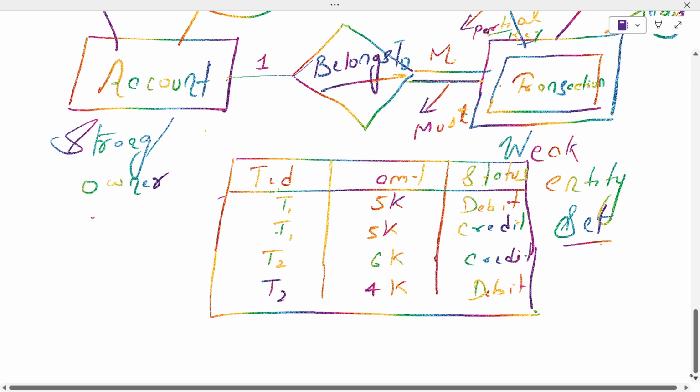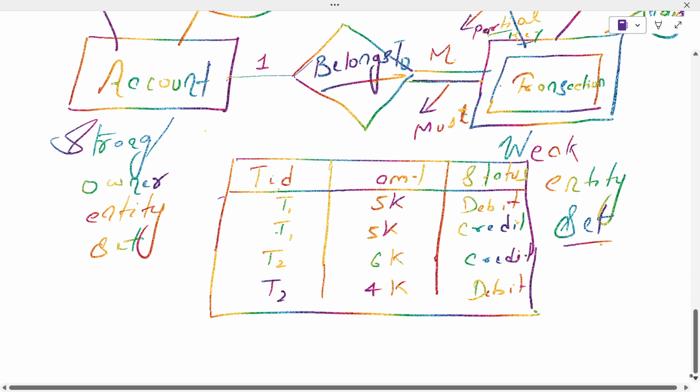And if it is an owner entity set, we need to have a relationship which has total participation at the weak entity set side, and each weak entity must be related to one entity of the strong entity set. Okay, so this is the relation.